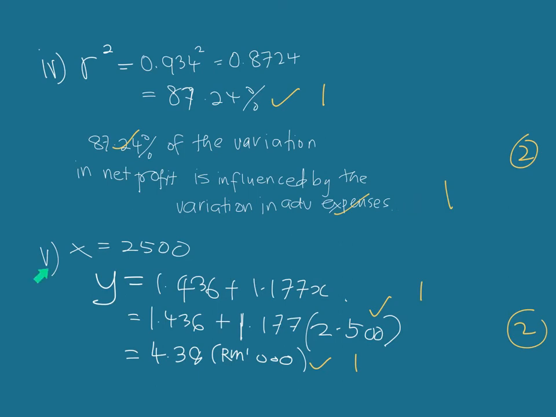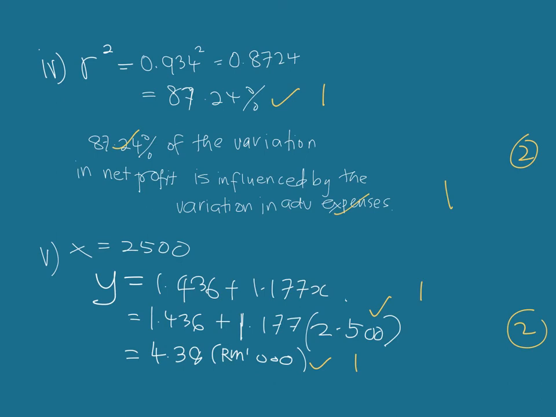Now, the final question, part 5: predict the net profit earned when advertising expenses is 2,500 ringgit. So we put X as 2,500, and we want to know what Y is. When X is 2,500, what is the value of Y?